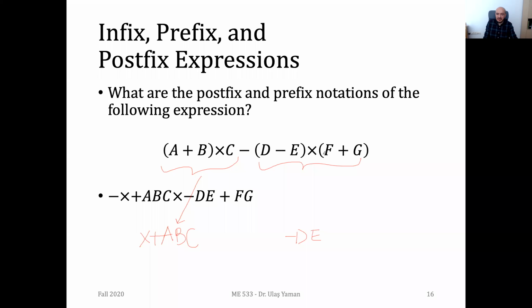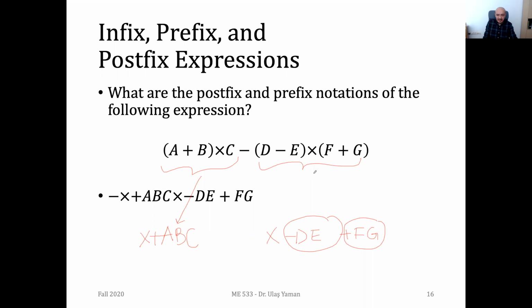And then we have a similar one. This is plus F and G. So we need to perform these first and then have a multiplication operation in between these, right? So that's why we need to put the multiplication in front of the expression here.